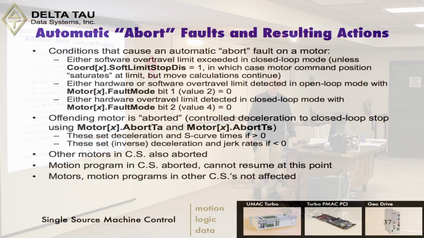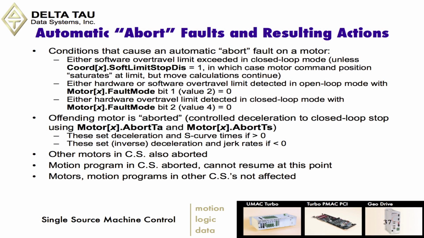So, automatic abort faults resulting in actions. Some of the things that can cause an automatic abort fault: software over travel limit is exceeded in closed loop, hardware or software over travel limit detected in open loop mode, hardware over travel limit detected in closed loop mode.